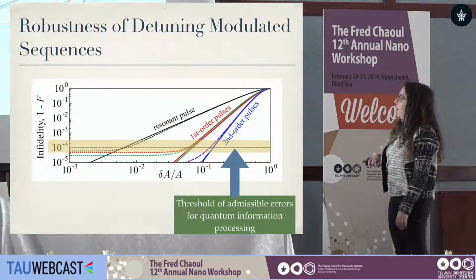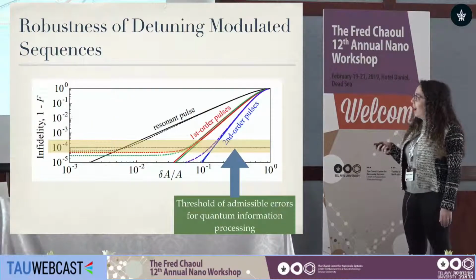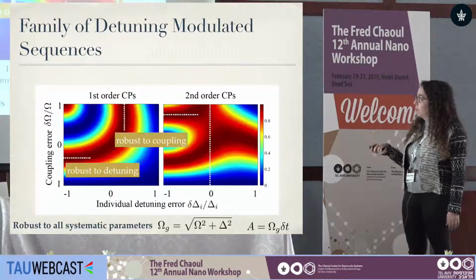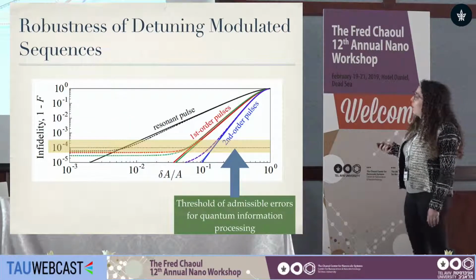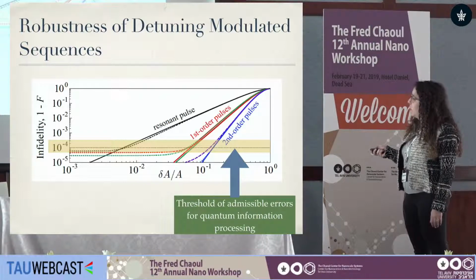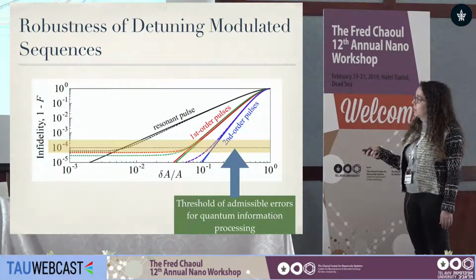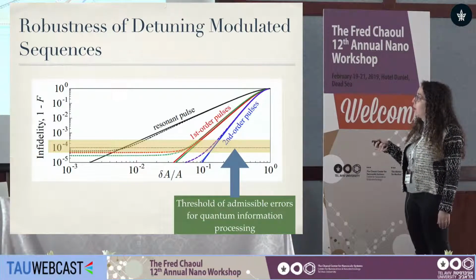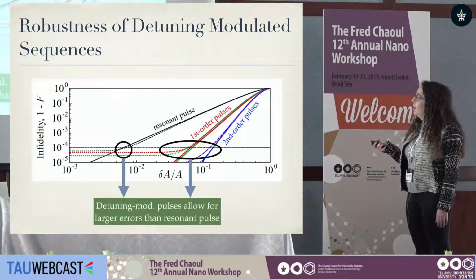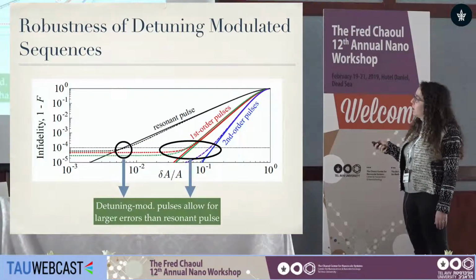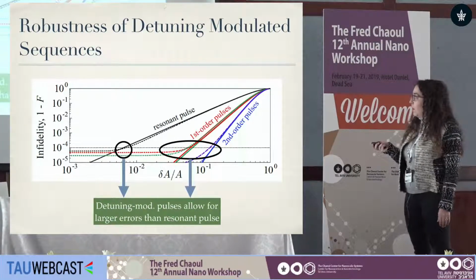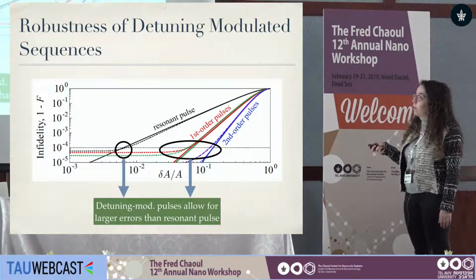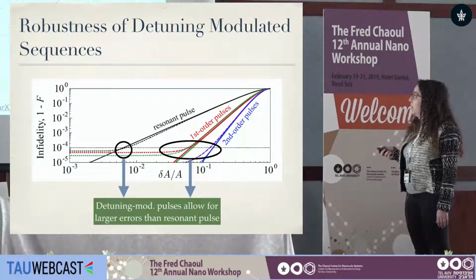That matters anyway. So here are a few cut lines from these graphs that show you that the threshold of admissible errors for quantum information processing, which was 10 to the power of -4, is right over here. And given our new pulses, our first order and second order pulses, we can push the limits to really large errors compared to those of the resonant pulses, which is pretty nice.